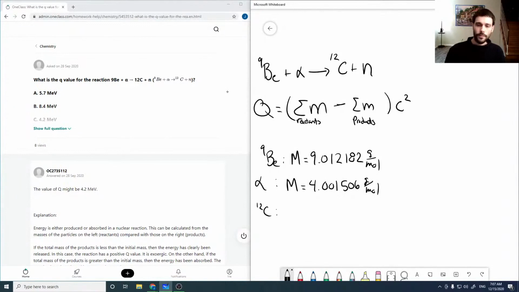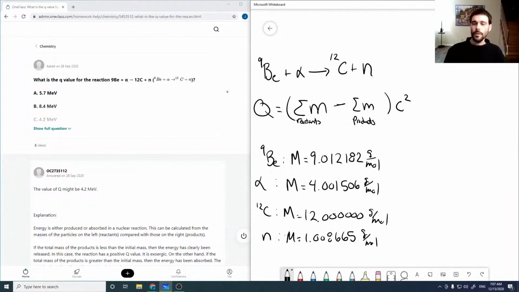For carbon-12, this is defined as 12.000. And for a neutron, our mass is 1.008665. Okay.